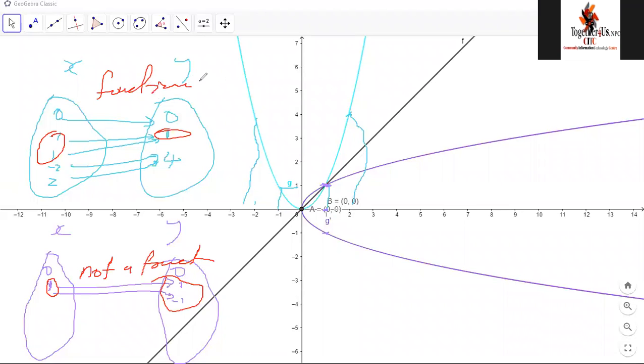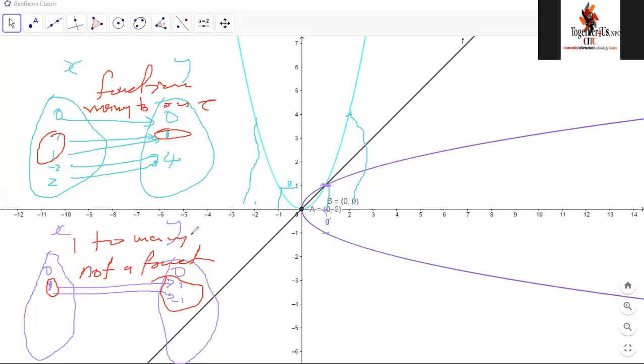Now we have names for these relationships. In this case, we say we have many to one, because you've got more than one X value relating to just one, but here you have one to many. So one X value relates to many Y values, and that is why this thing is not a function.